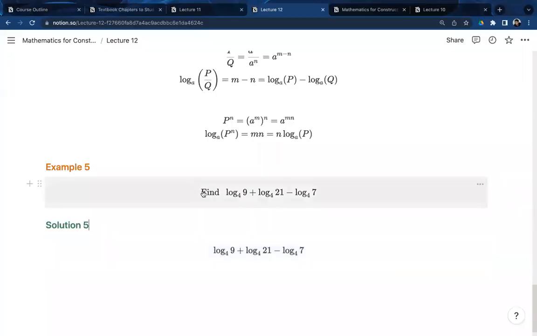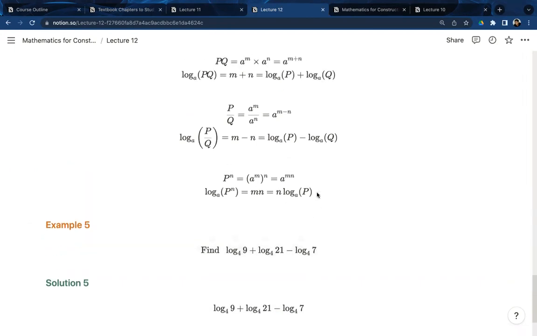So we have this question here: find log 4 of 9 plus log 4 of 21 minus log 4 of 7. Each one of these individual things is kind of terrible, because what power must 4 be raised to give 9? That's not a nice number. 9 is not a straightforward power of 4. Similarly, 21 is not a straightforward power of 4, neither is 7.